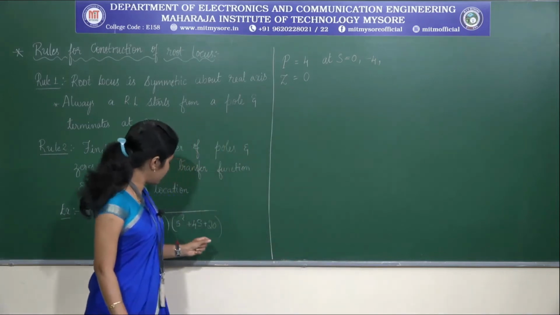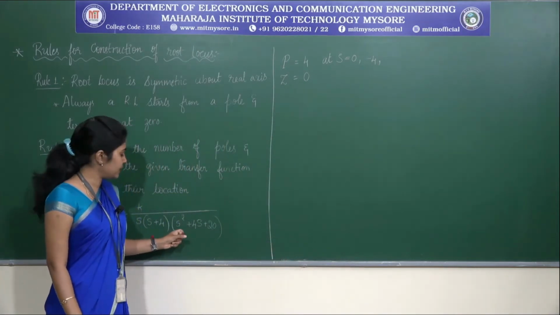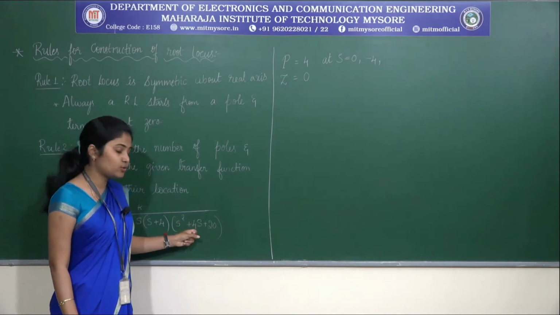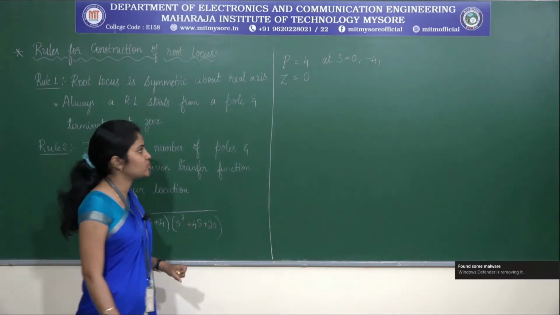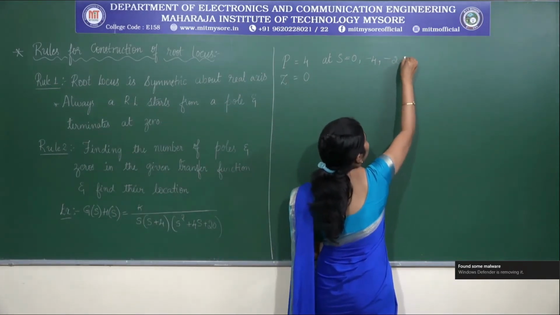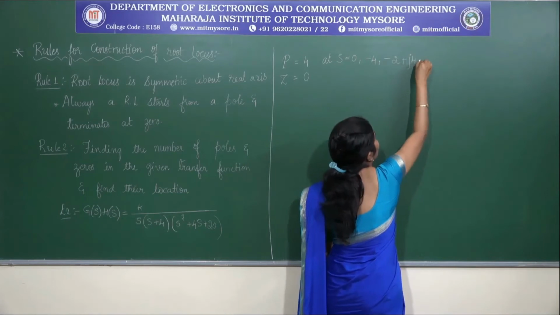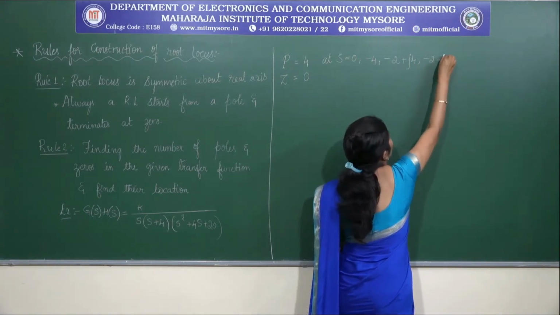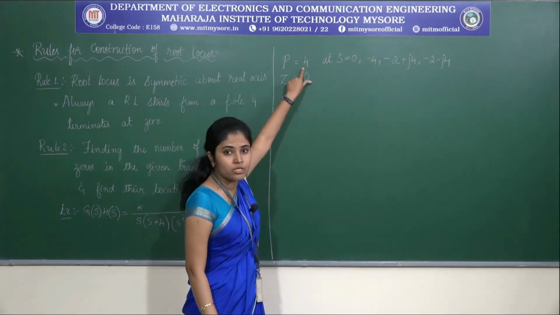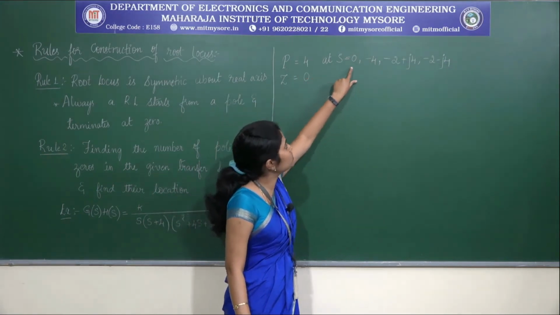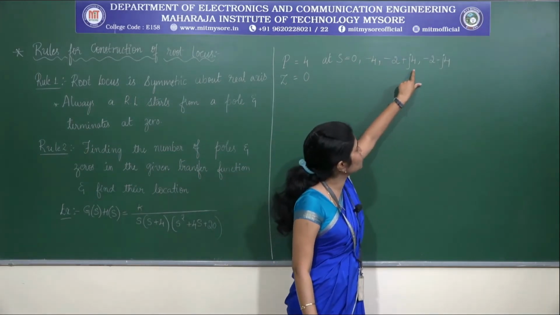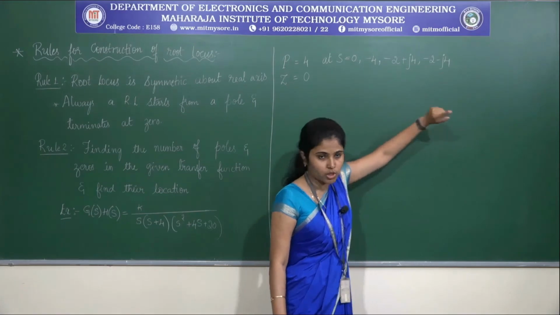Clear? Now moving on to the third term, if I equate S square plus 4S plus 20 to zero and find the roots of this equation, the roots are minus 2 plus 4j and minus 2 minus 4j. So we had 4 poles and the locations of the poles are 0, minus 4, minus 2 plus 4j and minus 2 minus 4j.